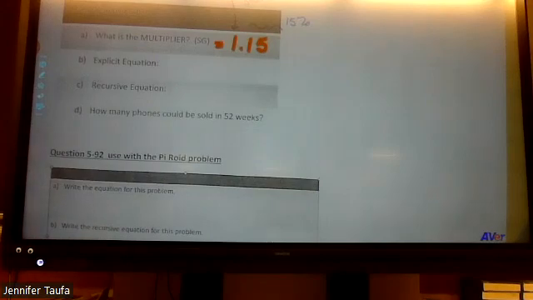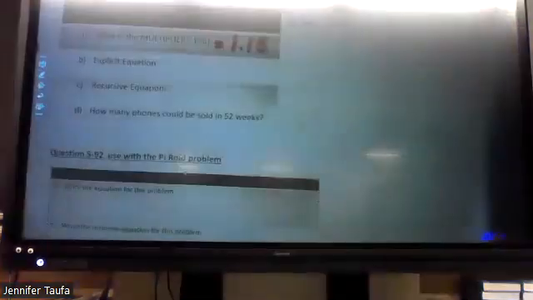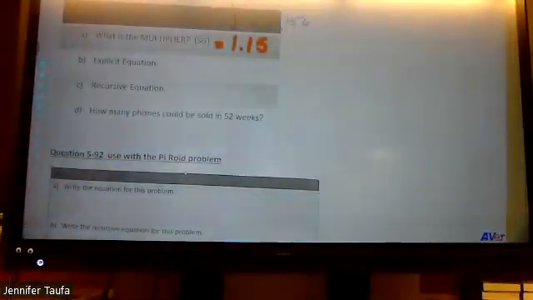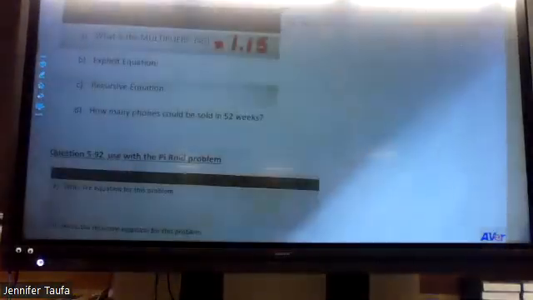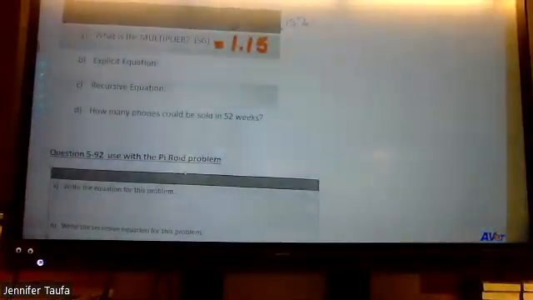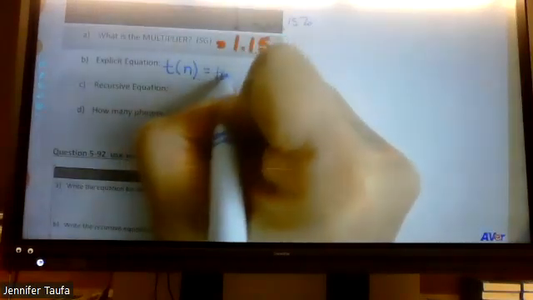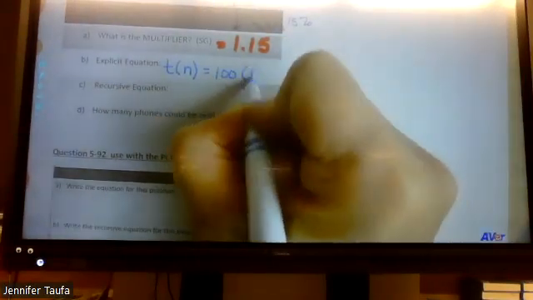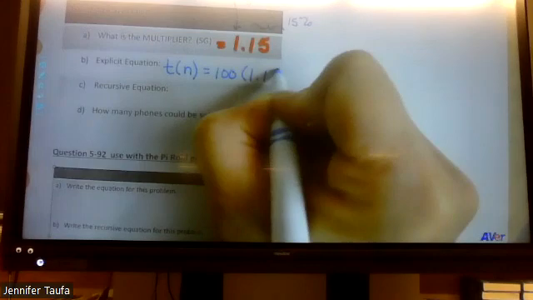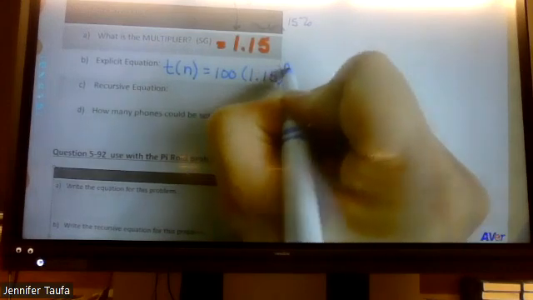Okay, so let's talk explicit equation. Explicit is exactly what we've been studying. I know it's geometric. We're in sequence world still. I started with 100 phones, and then to build my sequence, I multiplied by 1.15 and raised it to the n power.